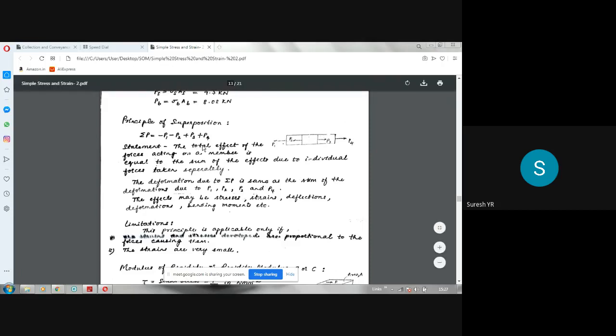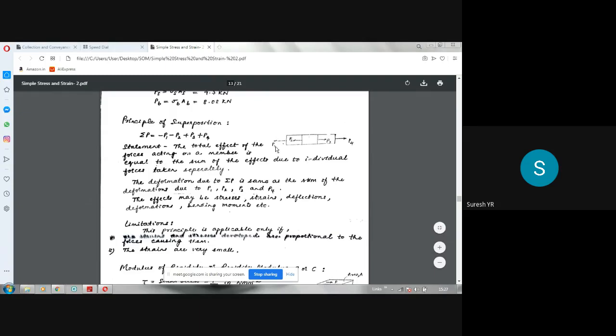The statement is like this: the total effect of the forces acting on a member is equal to the sum of the effects due to the individual forces taken separately. That's what I told. So the effect of P1 plus the effect of P2 plus the effect of P3 plus the effect of P4. Maybe let us take deformation, delta L. So delta L1, delta L2, delta L3, delta L4. If you add them, it will give the effect of the total force acting on the bar.